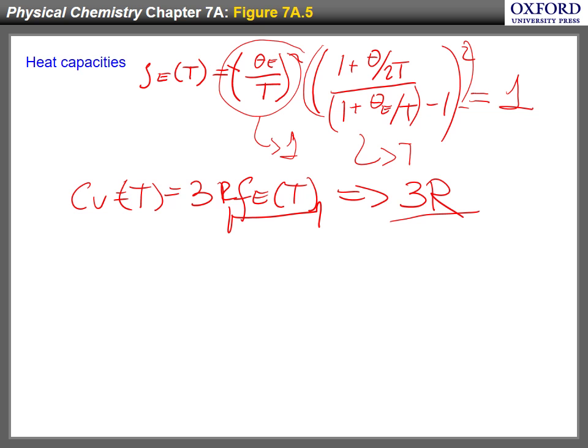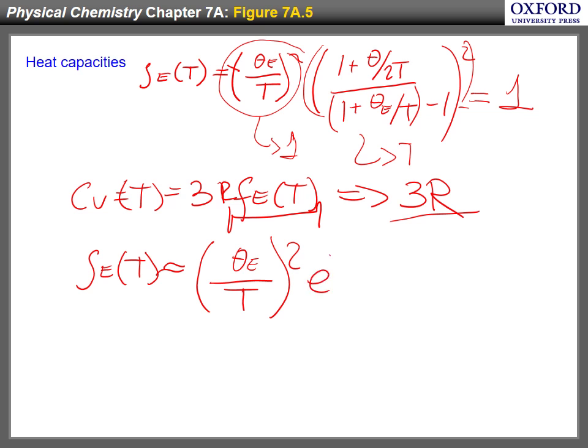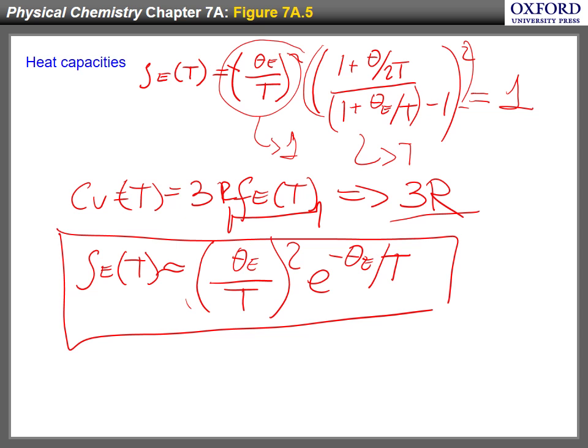But at low temperatures, the same expression roughly equals the Einstein temperature over T squared, times e to the negative Einstein temperature over T. So this is another equation to remember.